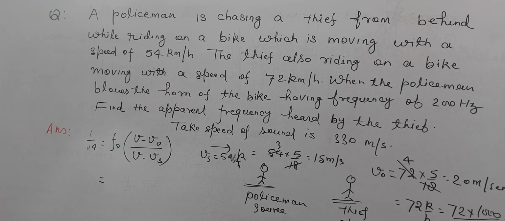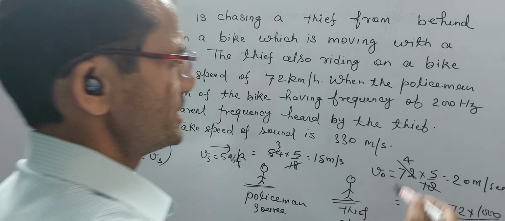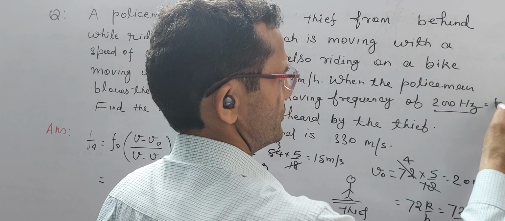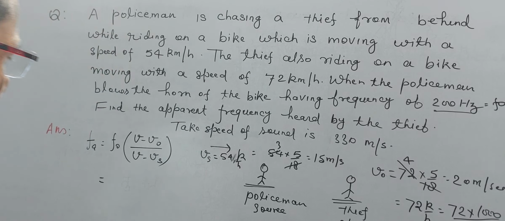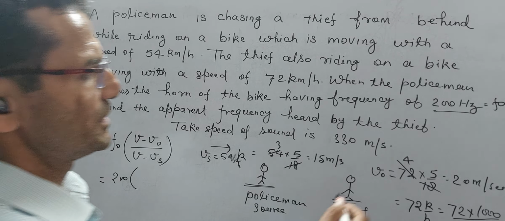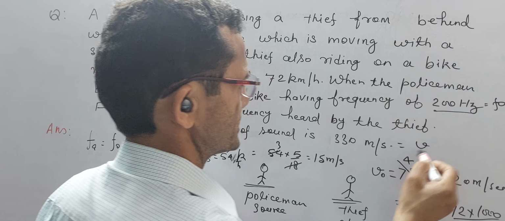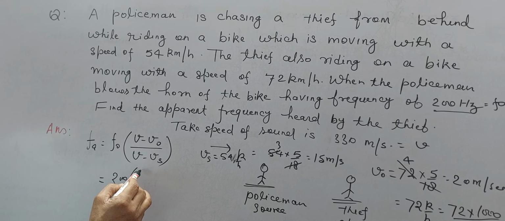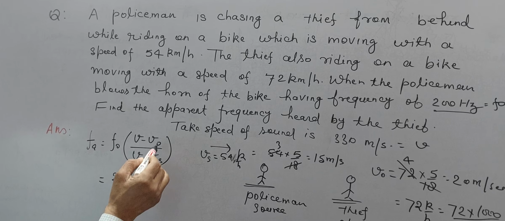Our original sound frequency is given, which is F0, 200. V, the sound velocity in air, is 330 meter per second, minus the observer velocity.